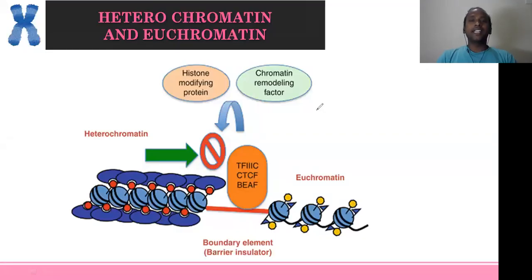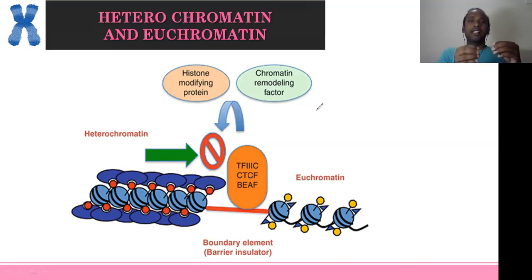So this condition depends on the cell. Certain genes are expressed at an early stage of the organism, certain genes are expressed at a later stage, and some genes are continuously expressed. So there is a certain portion of the heterochromatin.